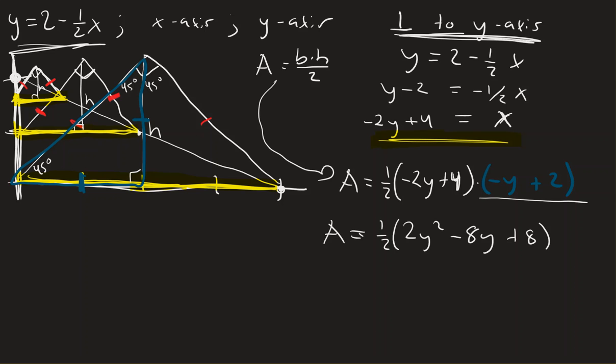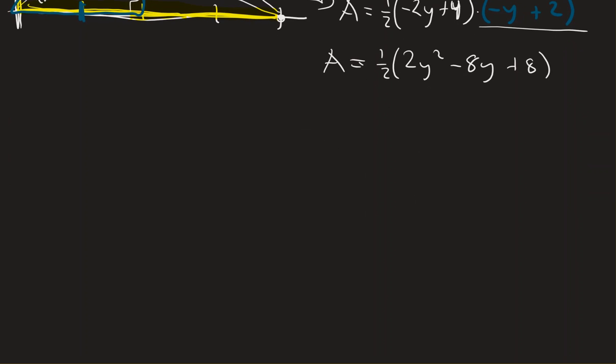Okay, but I don't want the area of one, I want the volume of all the cross sections put together. So we can say, let's integrate this 1/2, 2y squared minus 8y plus 8. We can see our variable is dy.